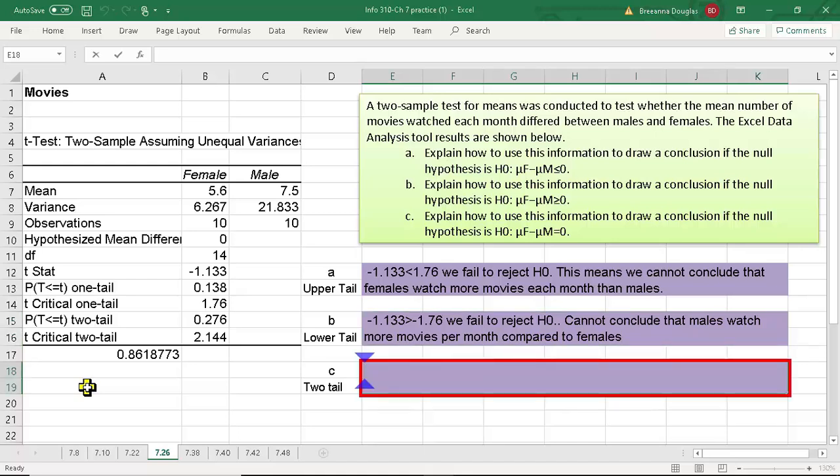In Part C, we are treating this problem as though it is a two-tailed test. This means we are trying to determine if there's a difference in the number of movies watched per month between males and females.